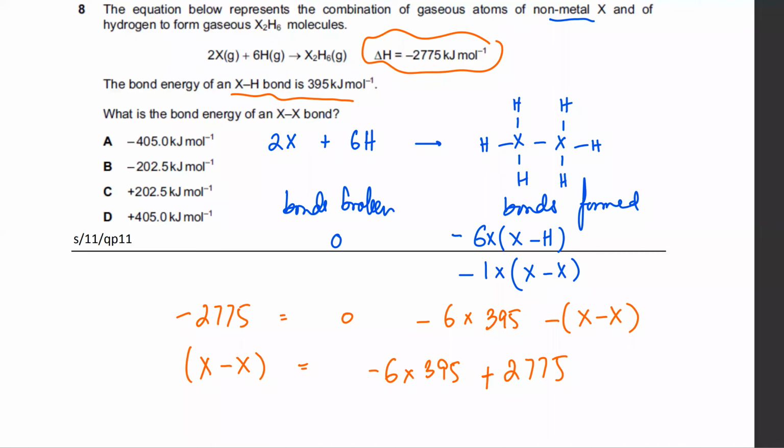So can anyone tell me what the value is for this? And which one is the correct option in this case? And is this clear? Bonds broken, 0. Bonds formed, this.